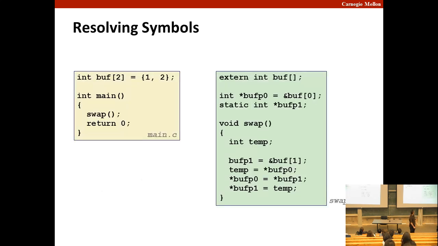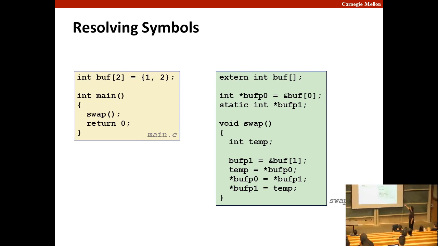So if we go to look at this, buff is a global variable. Main is a global symbol. Swap is not defined here. It's defined here. That's an external reference. This is an external reference. It's referring to buff. When the linker was linking this, buff was a global. Now the linker is referencing that, buff is external.